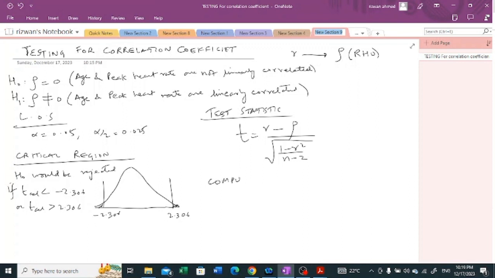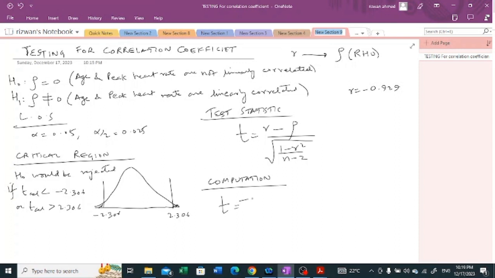We can now go for computation, and for this we need to take the value of R, the coefficient of correlation, from the calculator, minus 0.929, rounded off to 3 decimal places.